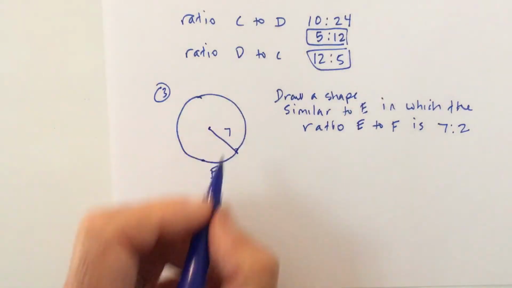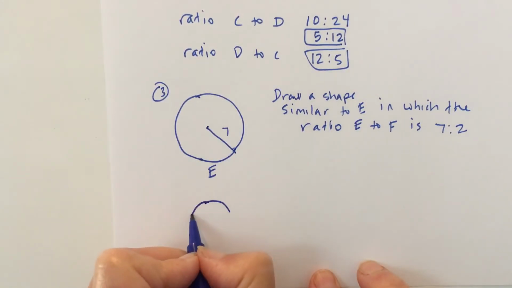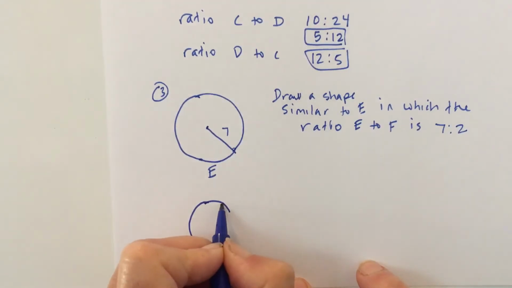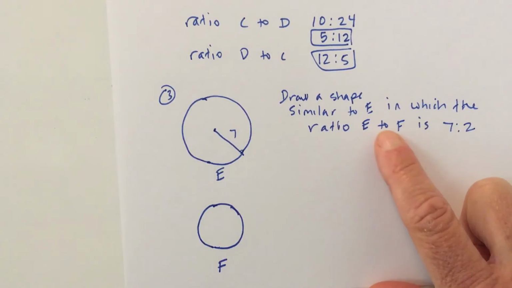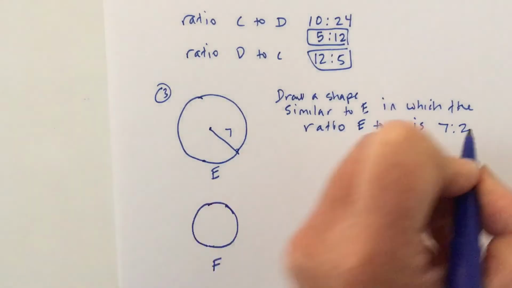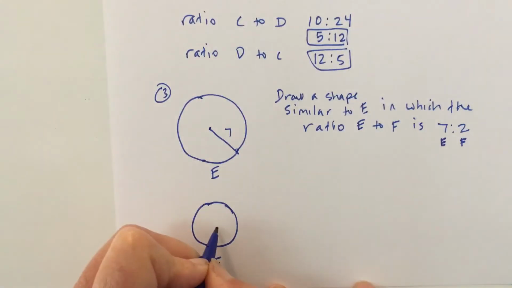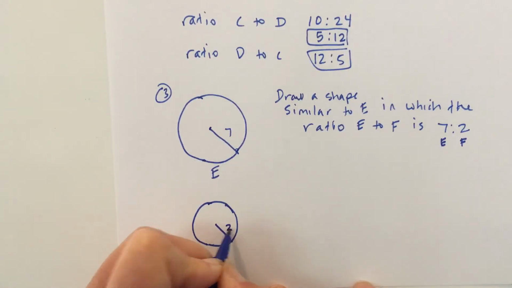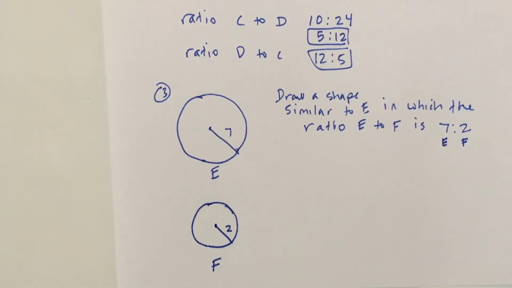So I already have E, so if it's going to be similar, it has to be the same shape. Okay, it has to be a circle. And I know it's smaller. This one's called F because it says E to F is 7 to 2. So E to F means this one's E, this one's F. So that means that F is still a circle, but it has to have a radius of 2 to make the ratio 7 to 2.